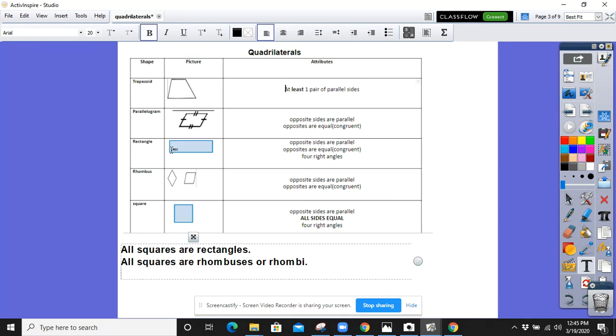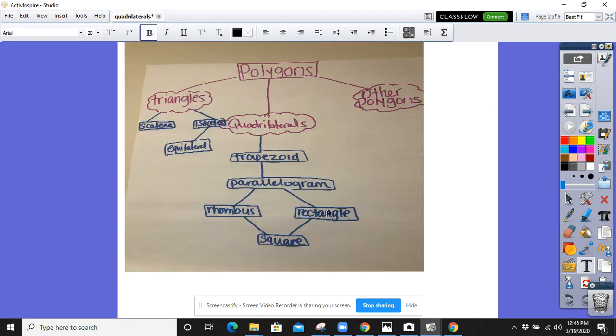Are all rectangles parallelograms? If you're trying to answer that, think about whether the rectangle has all of the characteristics of a parallelogram. It sure does. If you look at the family tree, the rectangle is below the parallelogram, so the rectangle has all of the attributes of a parallelogram.